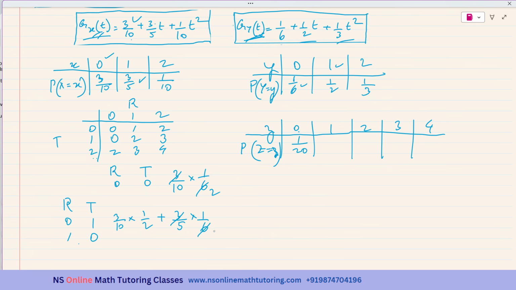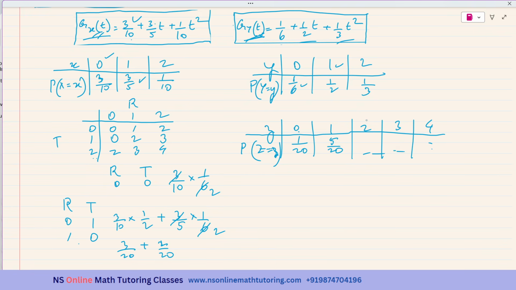Okay. So this is 3 over 20 plus 1 over 10. 1 over 10 is 2 over 20. So this will be 5 over 20. Okay. So this way you have to fill up these three columns.